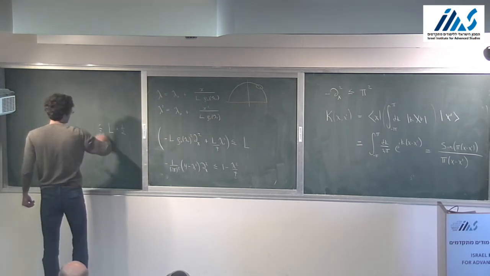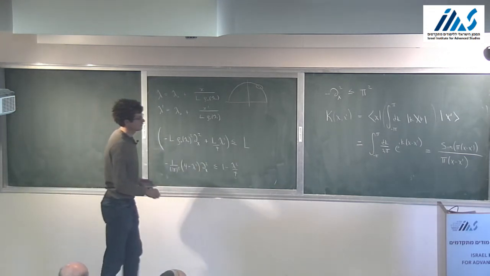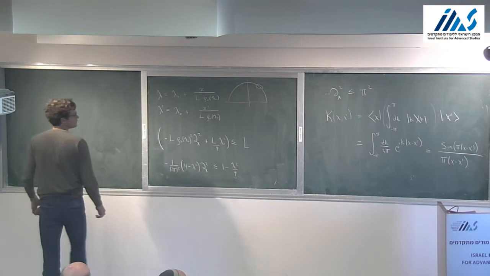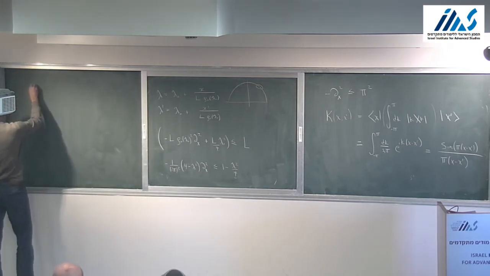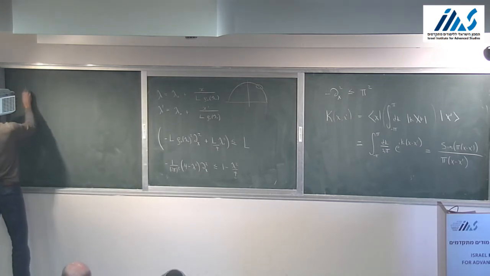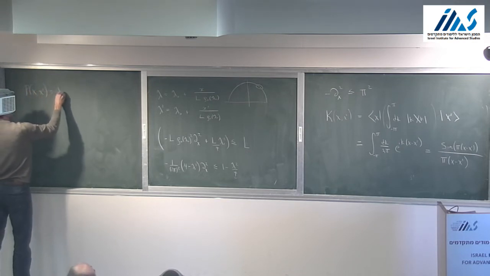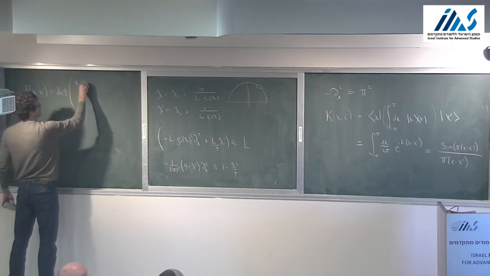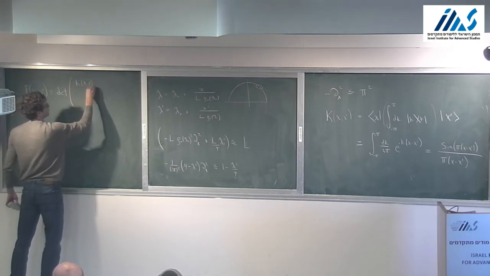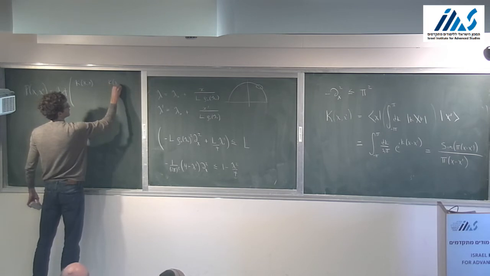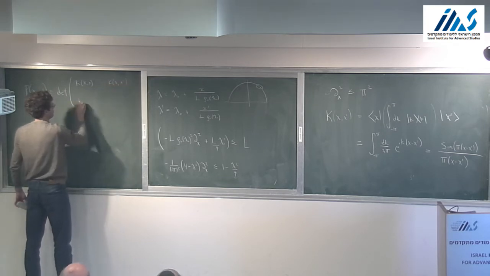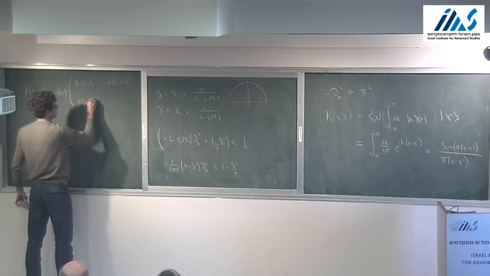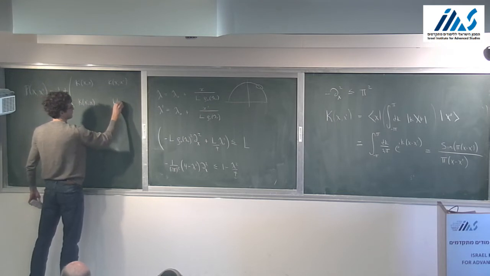We need to compute the determinant of a matrix that looks like, so the probability distribution for a pair, x and x prime, is the determinant of this matrix: k of x x, k of x x prime, k of x prime x, k of x prime x prime.